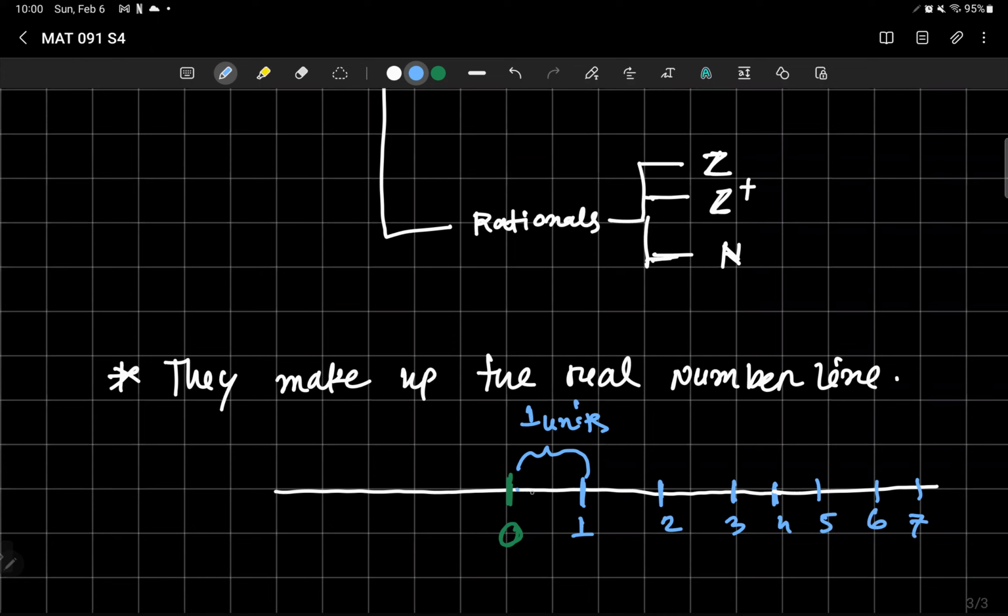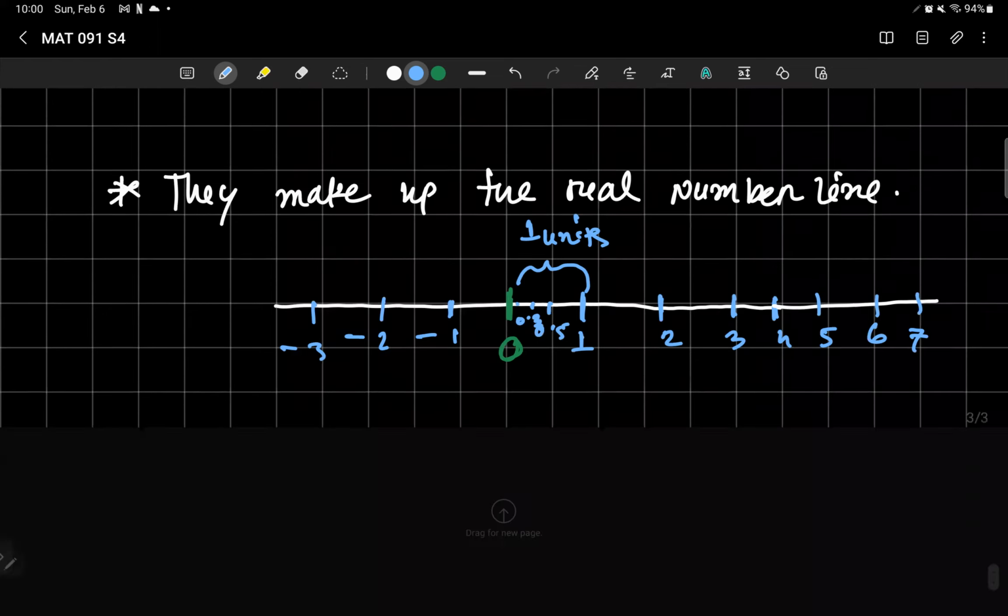And in between 0 and 1, there are decimal numbers. For example, 0.5 could be somewhere about here, 0.3 could be somewhere about here. And on the left side, you get -1, -2, -3, and so on. This is the real number line. Is that okay? Any questions? Okay, if not, let's move on.